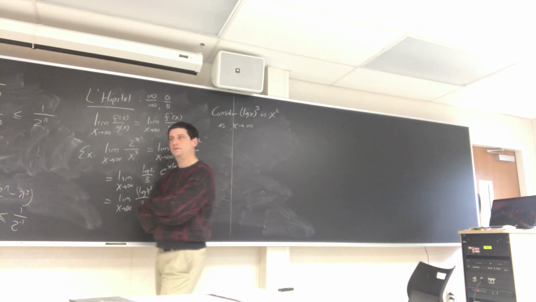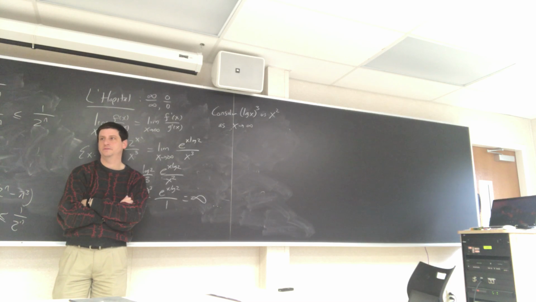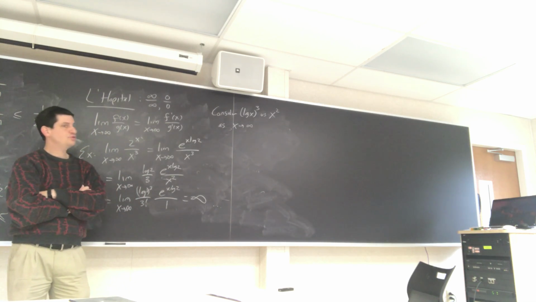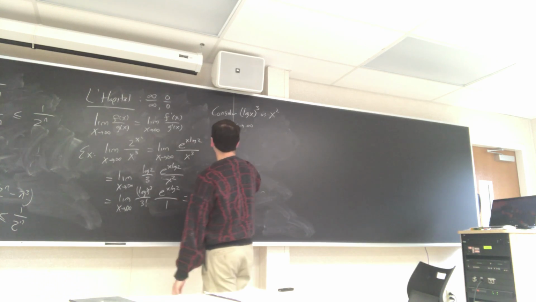So they both blow up, but it's which one blows up faster. And so we can do the L'Hopital argument all over again. But there's also a trick we could do. And here's the nice trick.